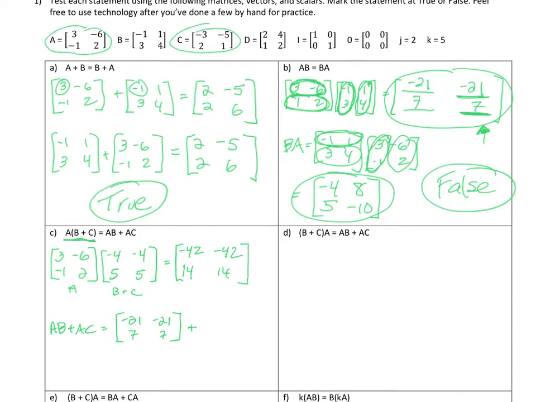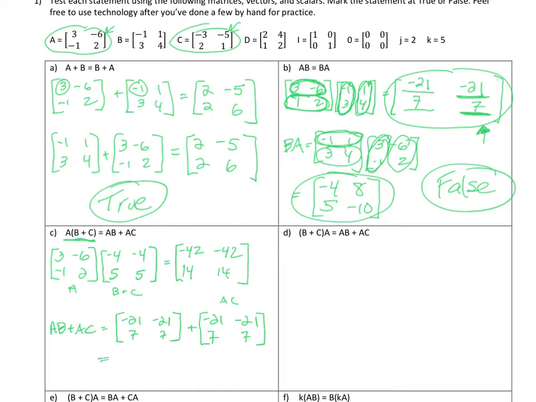A times C. So I'm going to get -9 plus -12 is -21. And then -15 plus -6 is -21. And then 3 plus 4 is 7. And 5 plus 2 is 7. So this is AC. I just did it in my head by looking at the matrices up here.